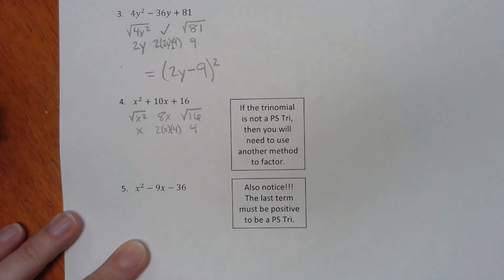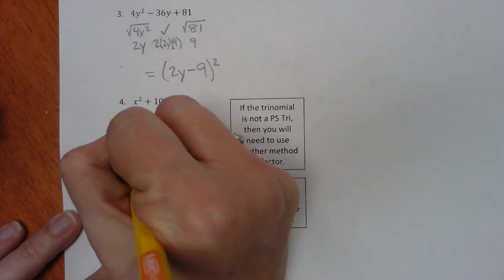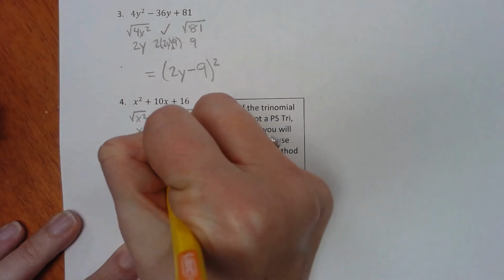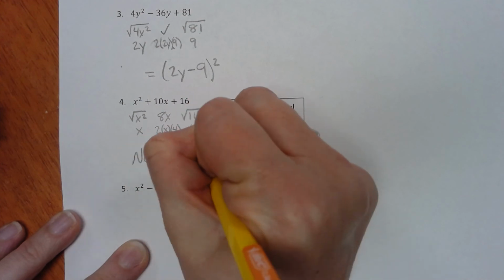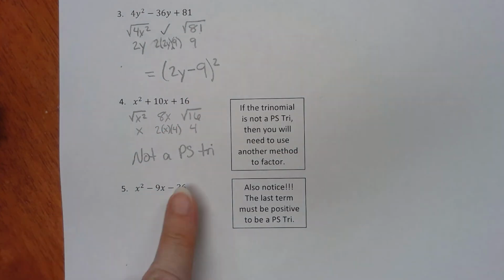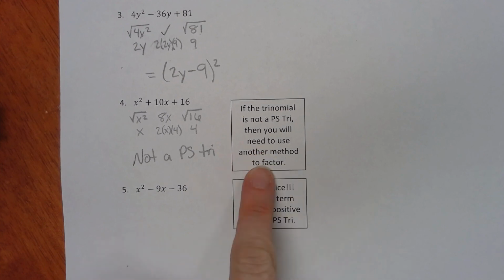So we cannot say that this is not factorable, because it might be factorable by a different method, but we can just say that it's not a perfect square trinomial. I just use the abbreviation, not a perfect square trinomial. It may be factorable, but just not by this method. So you would need to use a different method for factoring this problem.